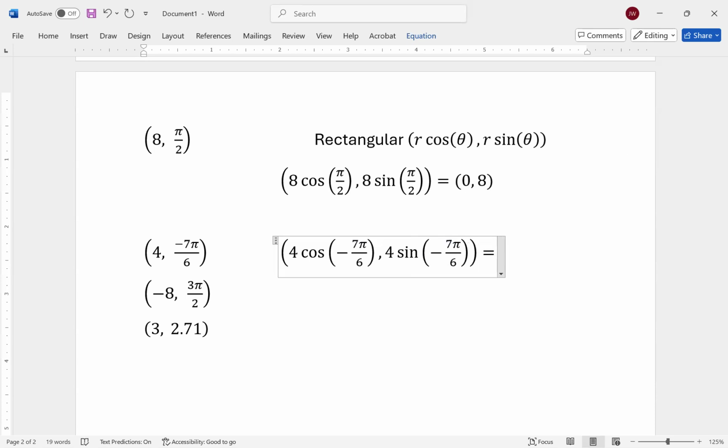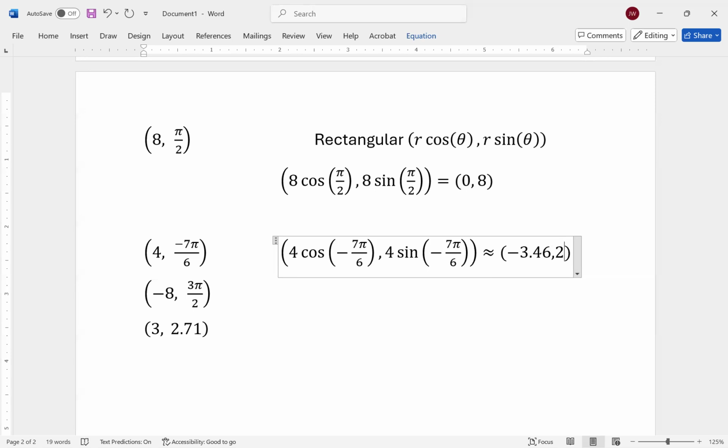This is something I would probably just plug into my calculator. When I plug negative 7 pi over 6 into cosine, I'm going to get kind of an ugly number, so I'll use a rounded version. That is right about negative 3.46 as an x value. And then as a y value, I get 2.